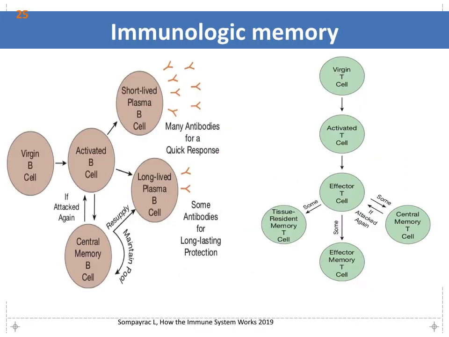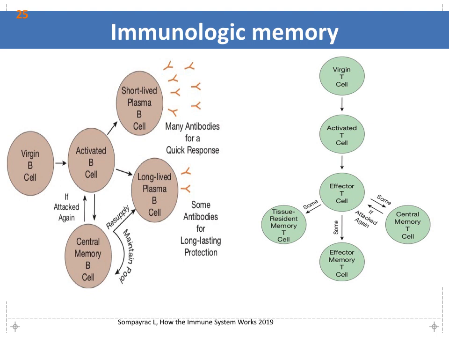Now, as a result of T cell activation and T cell help provided to B cells, B cells likewise can develop immunologic memory. So you have central memory B cells as well, which are long-lived. You also have long-lived plasma cells because eventually when a B cell is activated, it develops into an antibody-producing plasma cell.